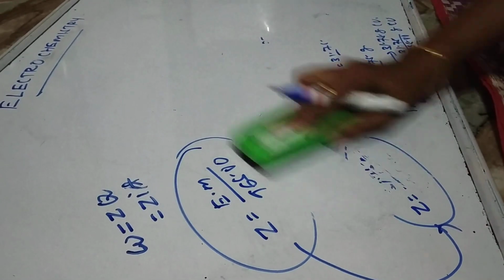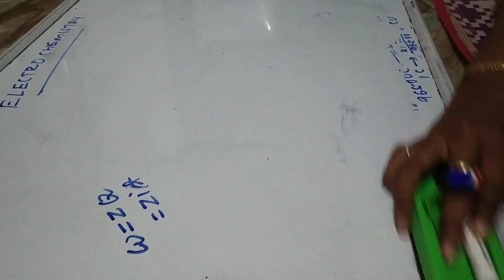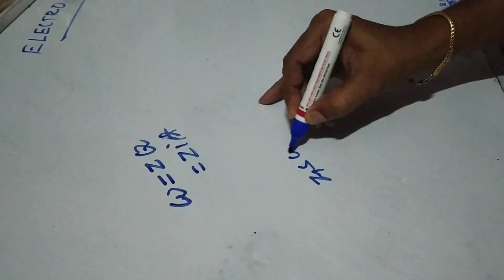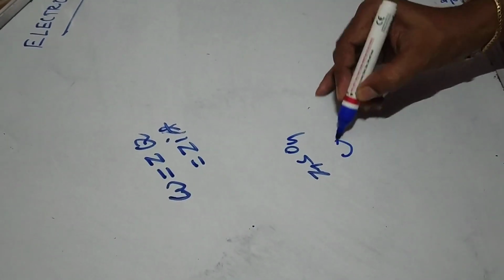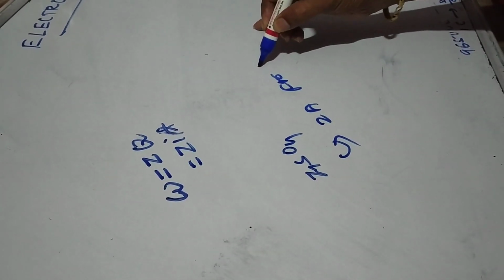Similarly, if the question is like this, let's say you are taking an electrolytic cell, and this electrolytic cell consists of zinc sulfate as an electrolyte, and you are passing a current of, let's say, 2 ampere for a time of 30 minutes.